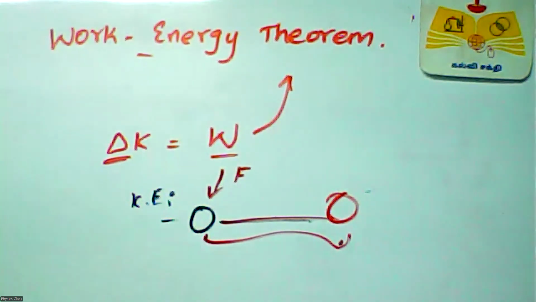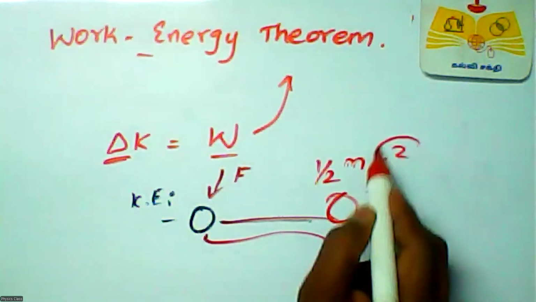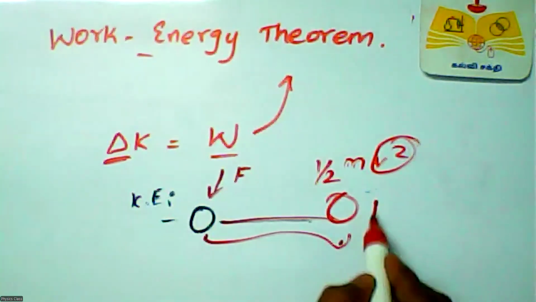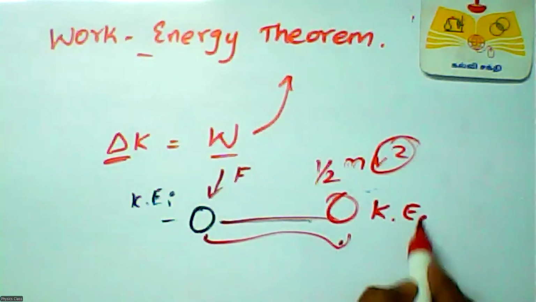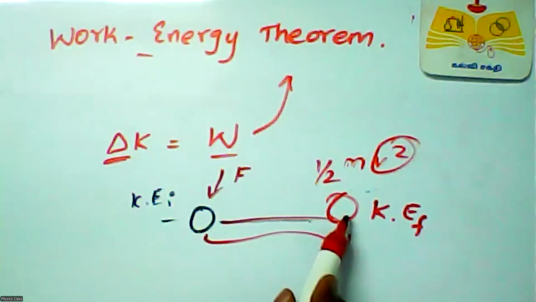Once the ball is going, it has velocity. Already I told you in the conservation of energy, and I showed that in the simulation. Once the ball moves, its velocity increases. Velocity increasing means kinetic energy also increasing. So in that position there will be another kinetic energy for that same object.